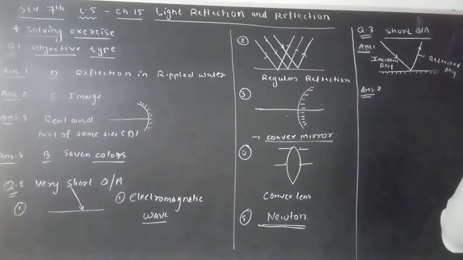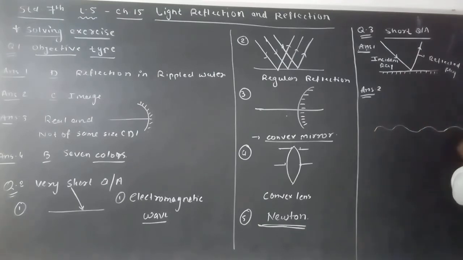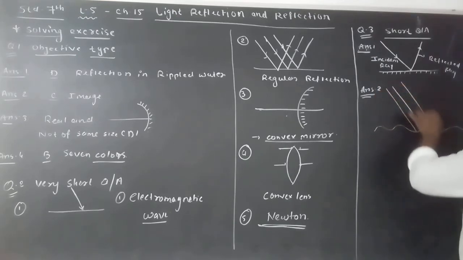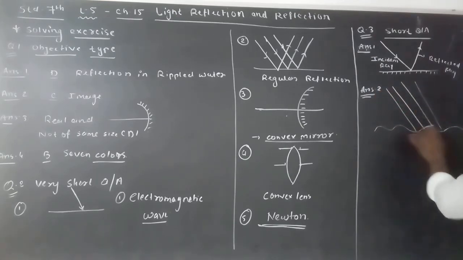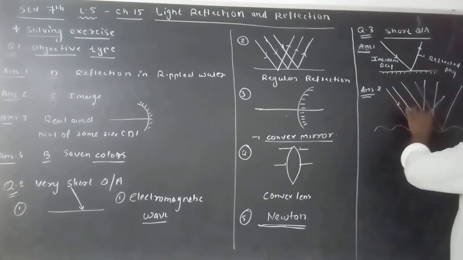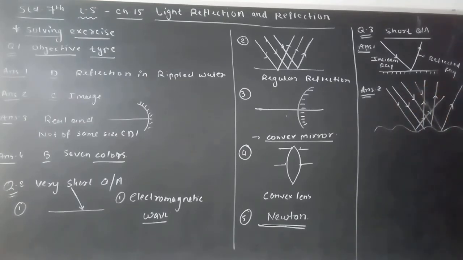We know that if a parallel beam of light strikes on an irregular surface, it strikes here, this is parallel here, but due to the surface, it gets reflected in all the directions. It never becomes parallel. So these types of reflections are considered as diffused reflection that I discussed.